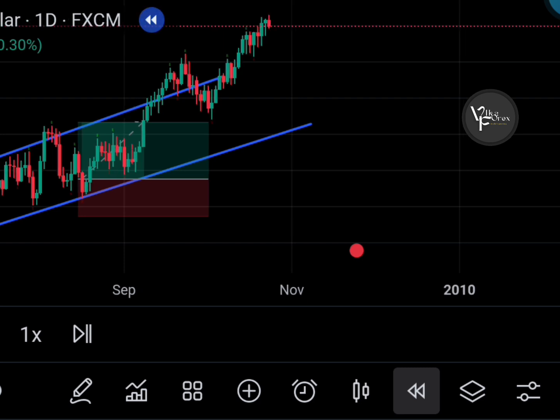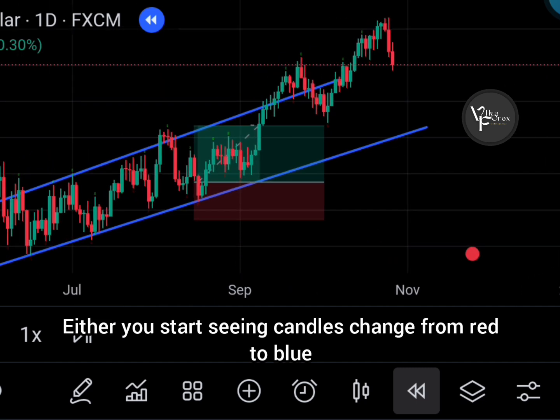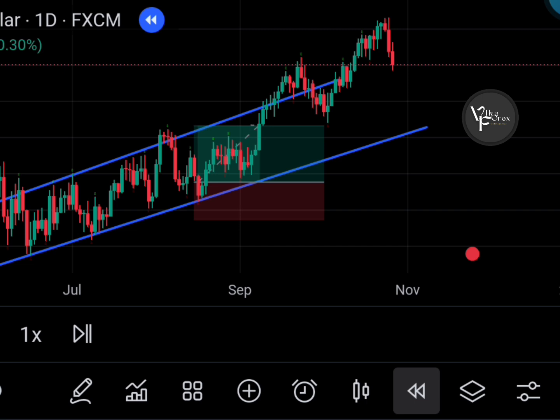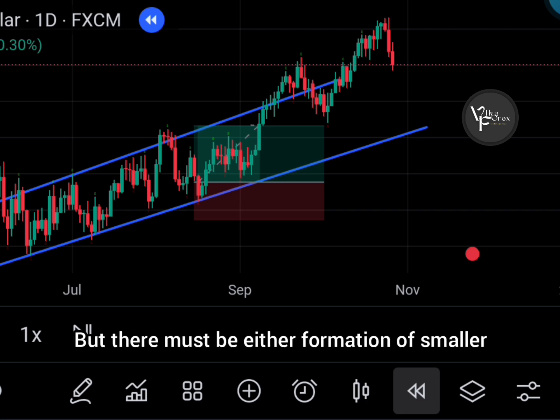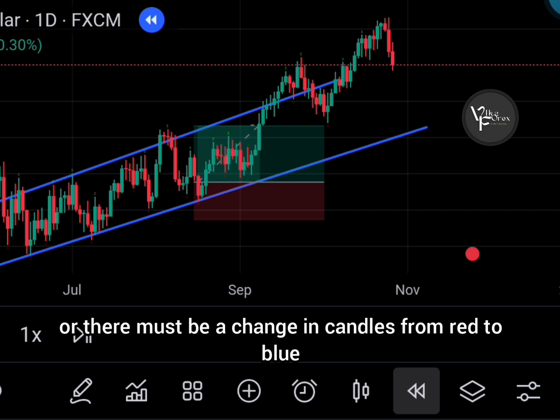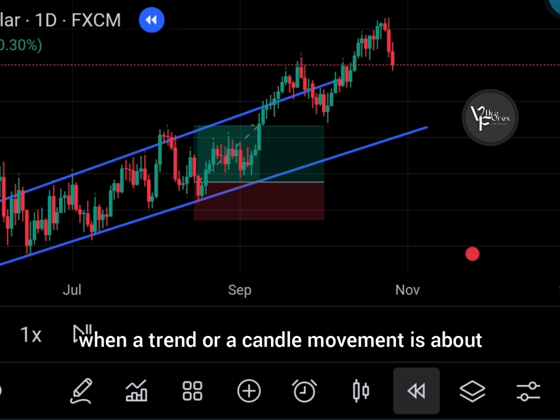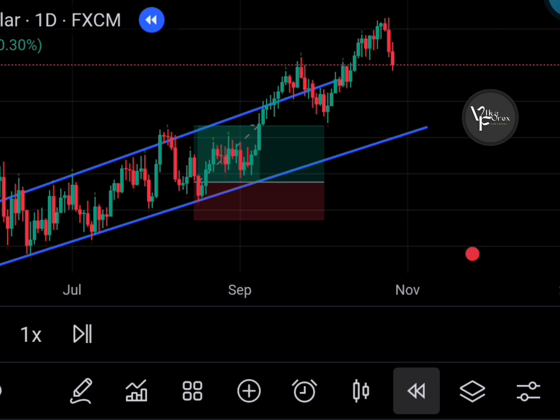So around these zones where price was reversing, you must wait for rejection candles and then a change of candles. Either you start seeing candles change from red to blue or blue to red, or there must be formation of smaller candles around these zones. This is how to know when a trend or a candle movement is about to change direction.